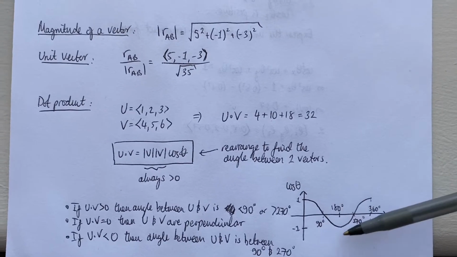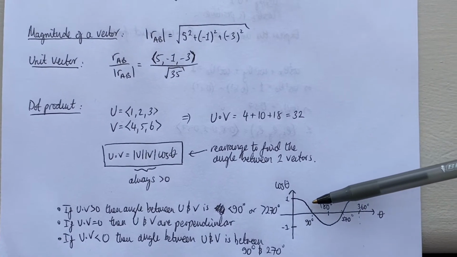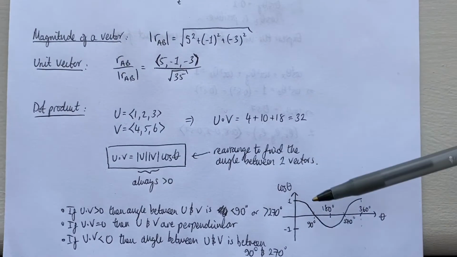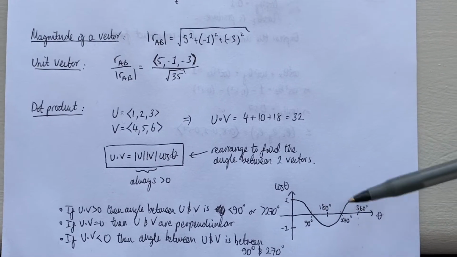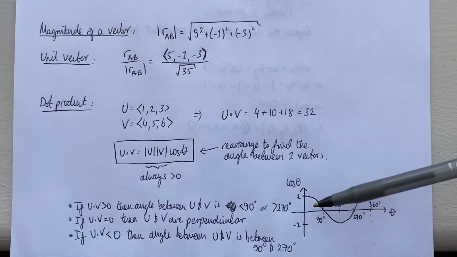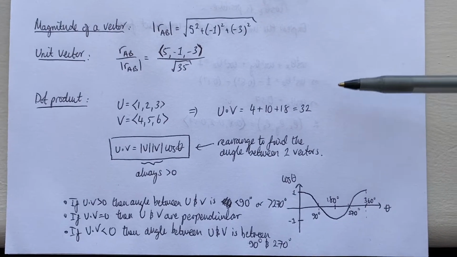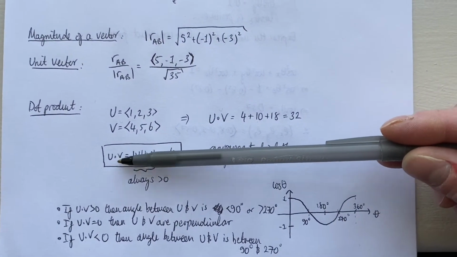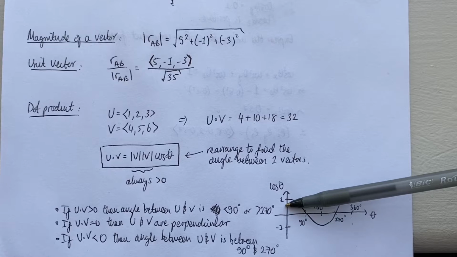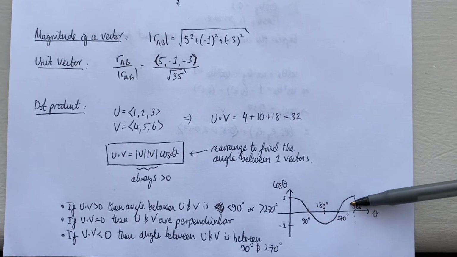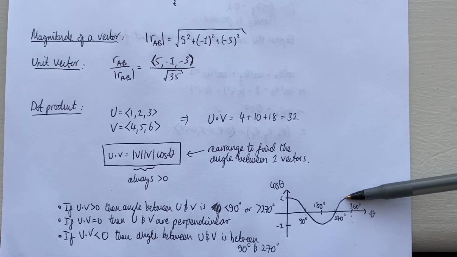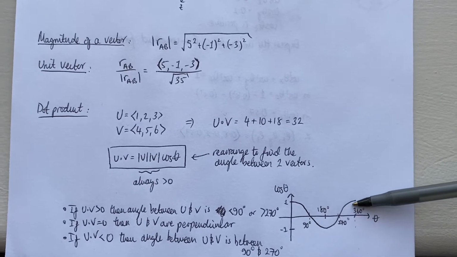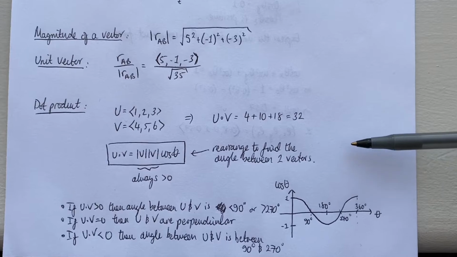This should be fairly familiar to you. So depending on whether our dot product is positive or negative or equal to 0, tells us something about the angle between those two vectors, right? So if u dot v is greater than 0, if it's positive, then we're either in this region here or this region over here. So the angle between u and v is either less than 90 degrees or greater than 270 degrees.